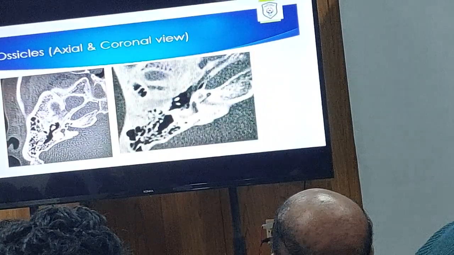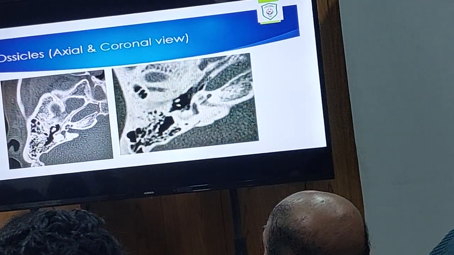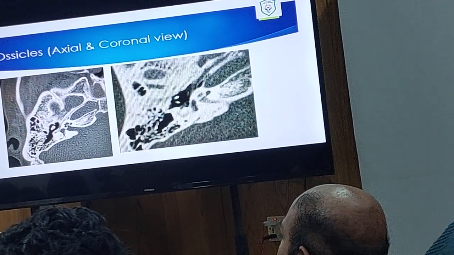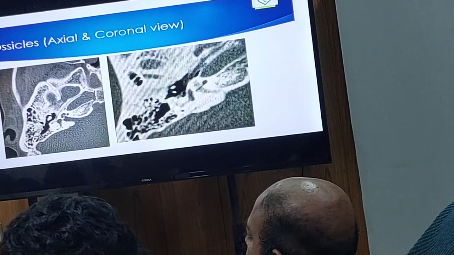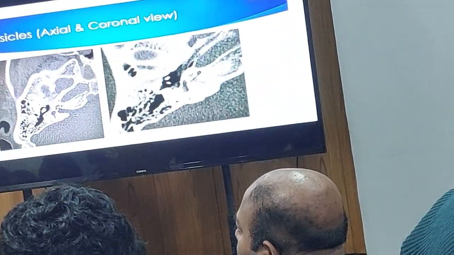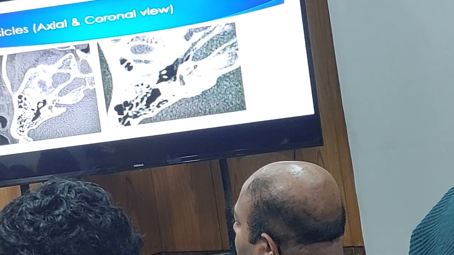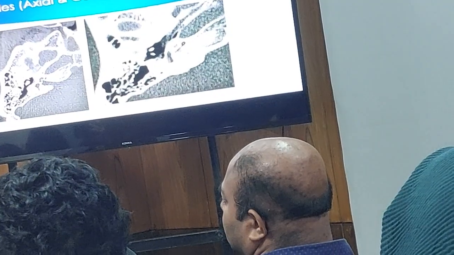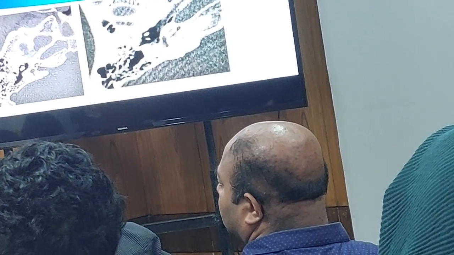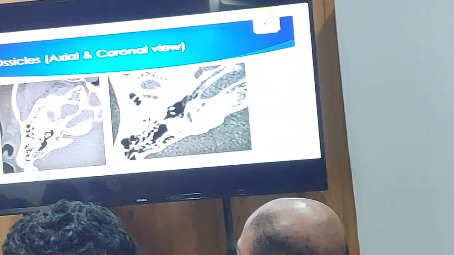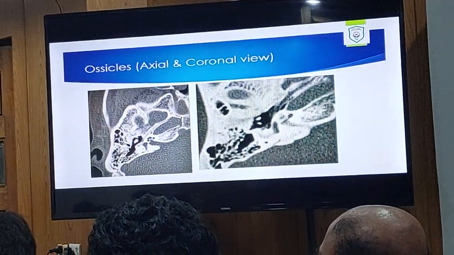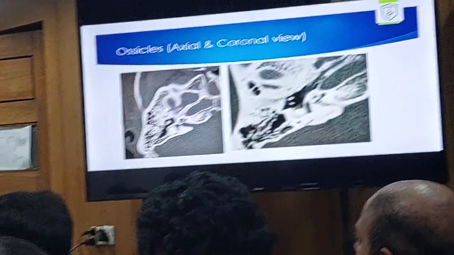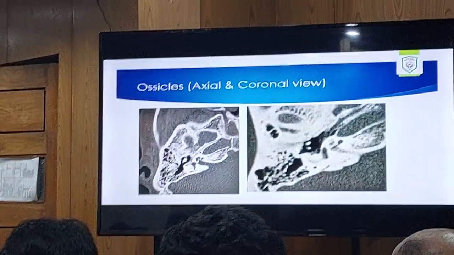In this ice cream cone view, the cone is the head of the malleus and the body of the incus and the short process, and in between the cone and cream there is a small hypodense area. This is the incudomalleolar joint, and the cream is the head of the malleus.